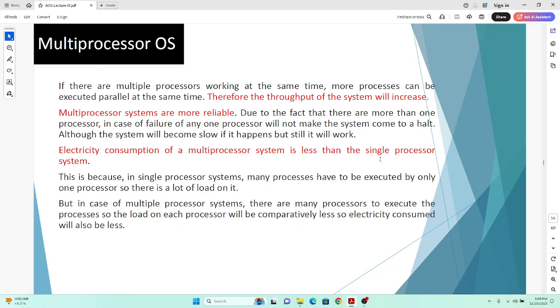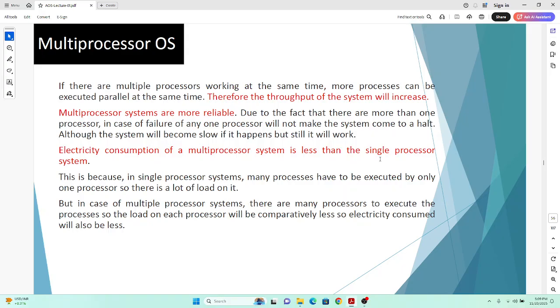Here comes the multiprocessor. As we have discussed before, multiprocessor will increase the throughput of the system. What is throughput? Throughput is basically output per unit of time. Multiprocessors are more reliable. Please always try to emphasize what is written and highlighted in red. It is very important for interviews or general concepts of operating system. That's why I've highlighted it in red.